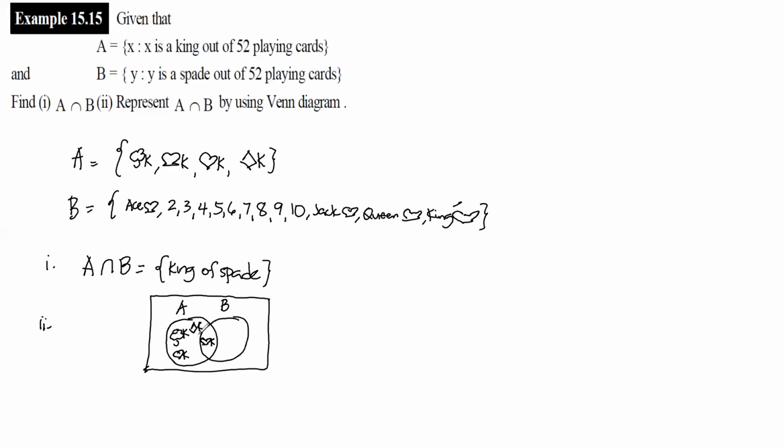And sa B, we have ace, 2, 3, 4, 5, 6, 7, 8, 9, 10, jack, queen, and king. Yung nasa loob ni B. Pagpasensyahan niyo na yung drawing.